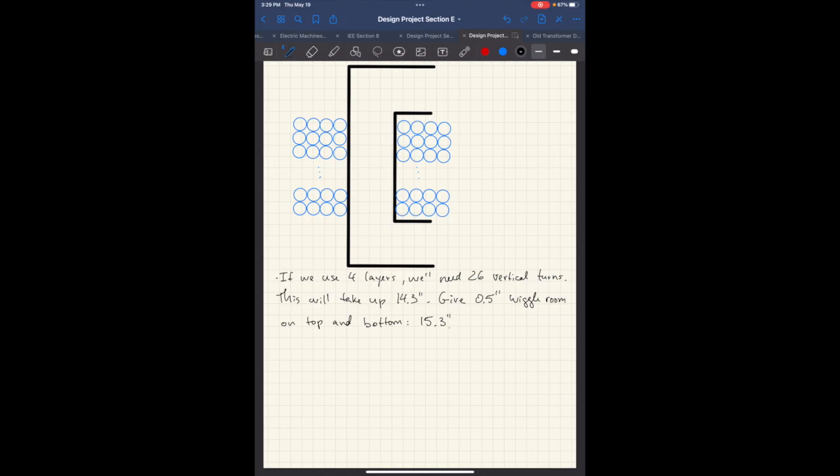From here to here, the total is going to have to be 15.3 inches, including the wiggle room. That's going to be that height. Questions so far?